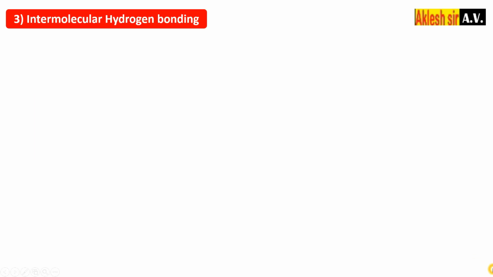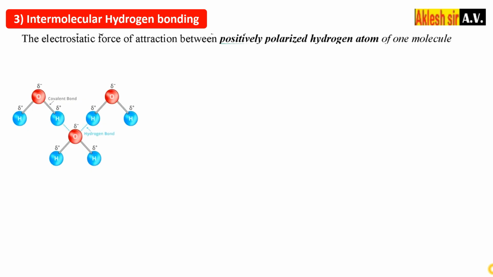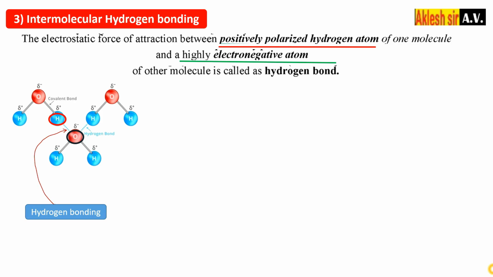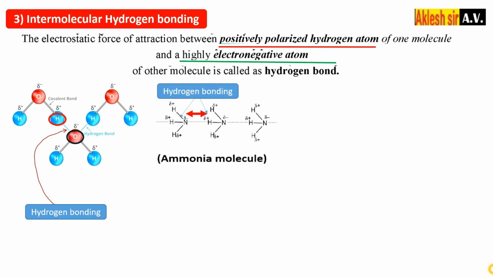Three. Intermolecular hydrogen bonding. The electrostatic force of attraction between the positively polarized hydrogen atom of one molecule and a highly electronegative atom of another molecule is called hydrogen bonding. In the ammonia molecule there is hydrogen bonding between the nitrogen atom and the hydrogen atom.